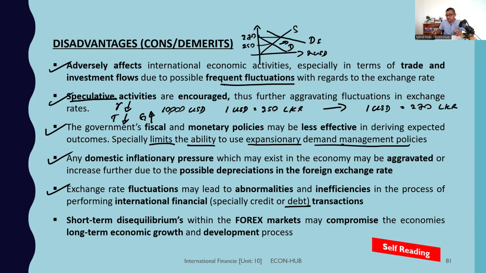The government is now having a major currency risk. What is it called? Currency risk. Because the exchange rate depreciates, it's like they have taken not a loan of 10 million, but a loan of 15 million. Why? Because that additional 5 million burden is the depreciation of the rupee.